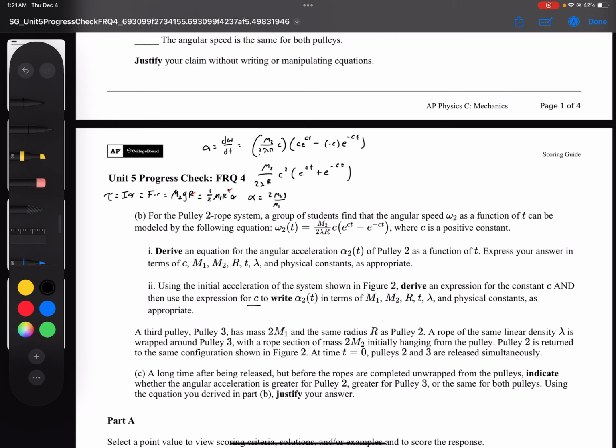So this function, e to the ct plus e to the negative ct, you may wonder what it looks like. You can always just graph a function to get a feel for it. If I graph e to the x, obviously it's going to be blowing up. And if I graph e to the negative x, it's a decaying exponential. So what happens when I combine both? Well, it's actually pretty interesting. It approximates a line for the first part, and then the exponential term just kind of blows up.